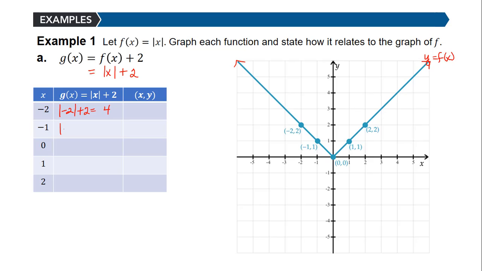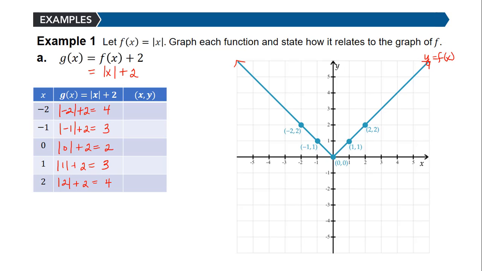When I plug in negative 1, the absolute value of negative 1 plus 2 is 1 plus 2, or 3. The absolute value of 0 plus 2 is just 2. The absolute value of 1 plus 2 is 1 plus 2, or 3. And then lastly, the absolute value of 2 plus 2 is 2 plus 2, or 4.